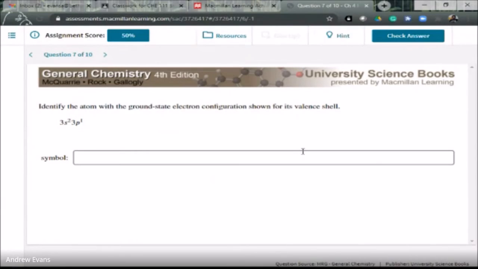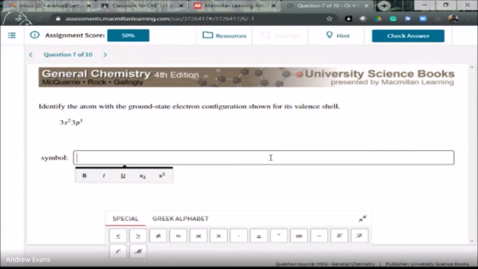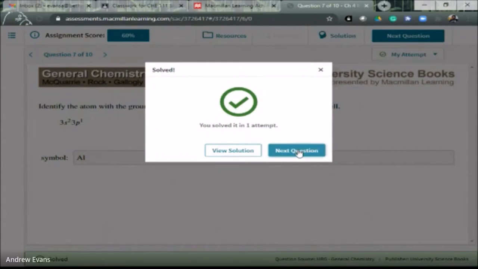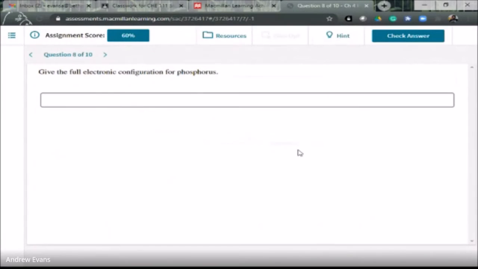So that's the third element in, the first element into the p block. So that's going to be just Al. Be able to go from electron configuration to valence shell to element, and element to electron configuration.